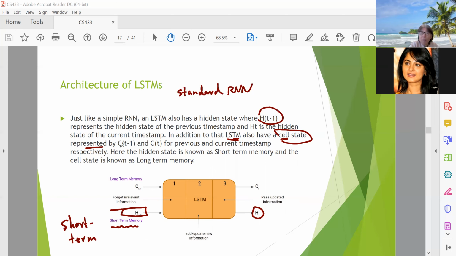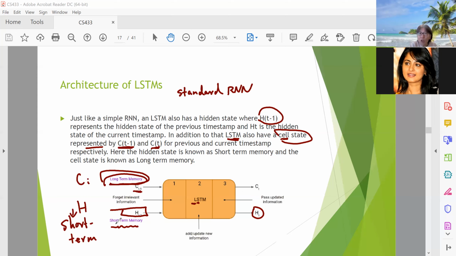It's represented by C T-1 and C T. So basically, this is called long-term memory. C T-1 and C T, they are called long-term memory. So H is for short-term memory. C is for long-term memory. That's how we come up with long short-term memory.